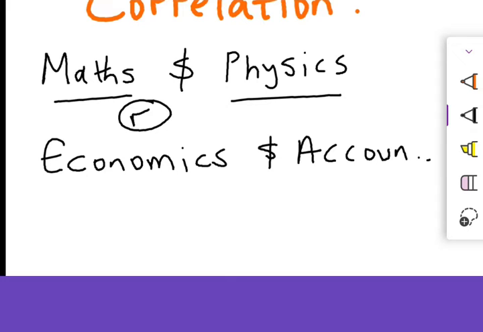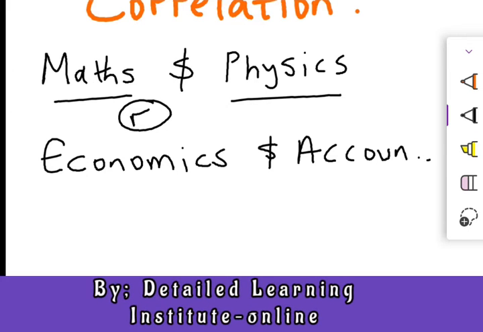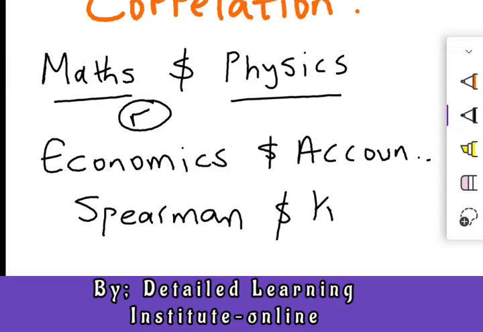Now there are several formulas that can be used. The two basic formulas which are actually adopted are Spearman's rank correlation coefficient, and the second one is Karl Pearson's. You can adopt any of these two formulas.